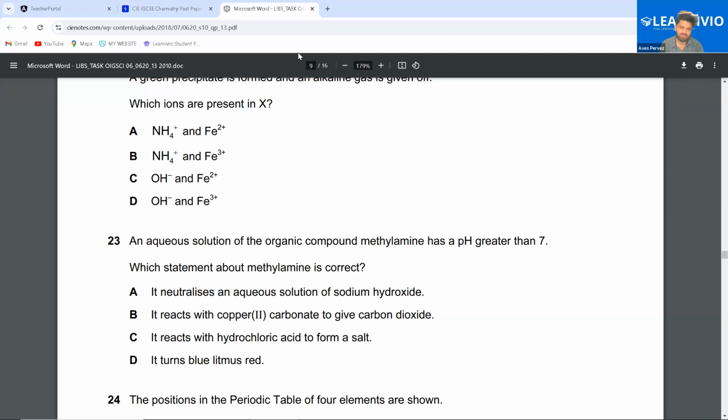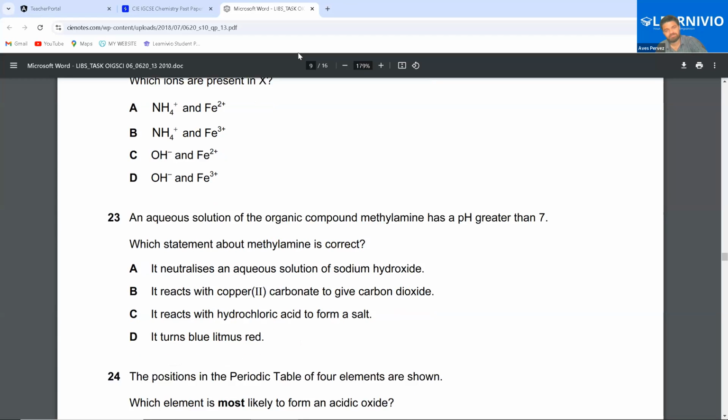It's a metal carbonate. It reacts with hydrochloric acid to form a salt. Yes, C is correct. If the solution of sodium hydroxide has pH greater than 7, it's a base. Bases react with acid. They neutralize acid. Very good.